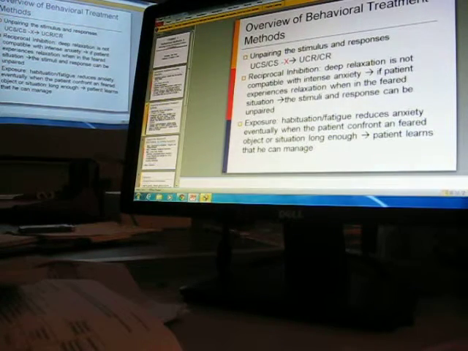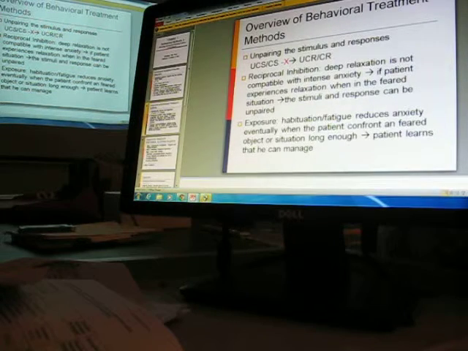And then also classical conditioning: if you unpair the stimulus and response, then the fear response will change. So the reciprocal inhibition, Wolpe's method, W-O-L-P-E, is based on classical conditioning. So you unpair the pairing.